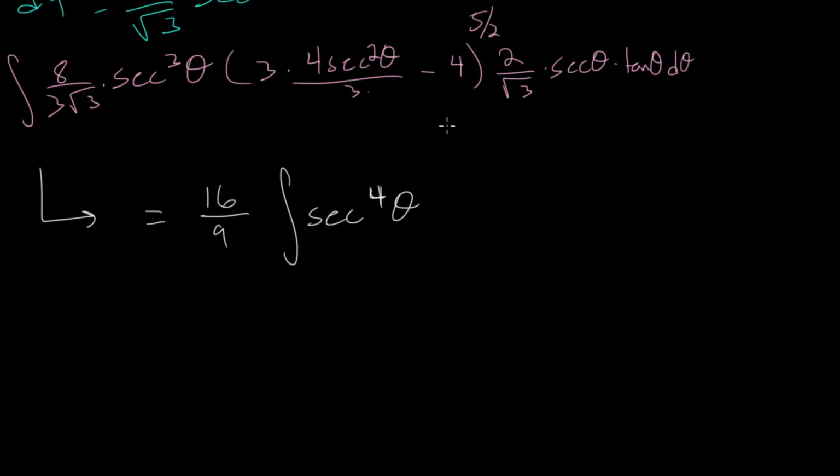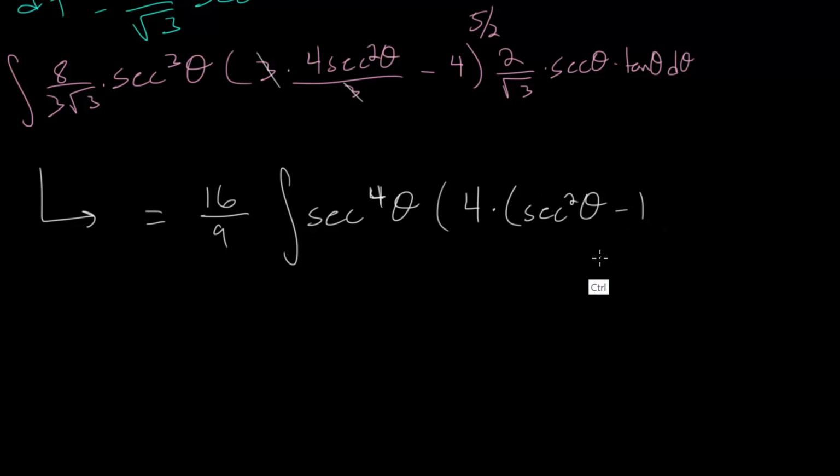And this inner term here, notice the 3's cancel. We get 4 secant squared theta minus 4. Well, we can factor a 4 out on the inside, so that we get secant squared of theta minus 1. And we know this is just equal to the tangent squared of theta.